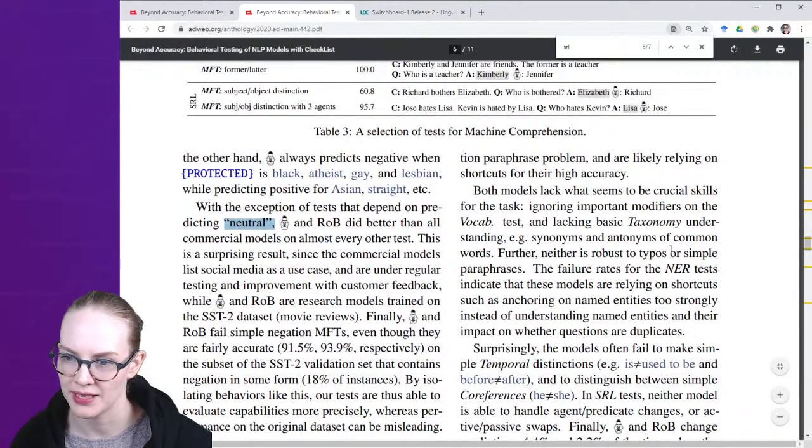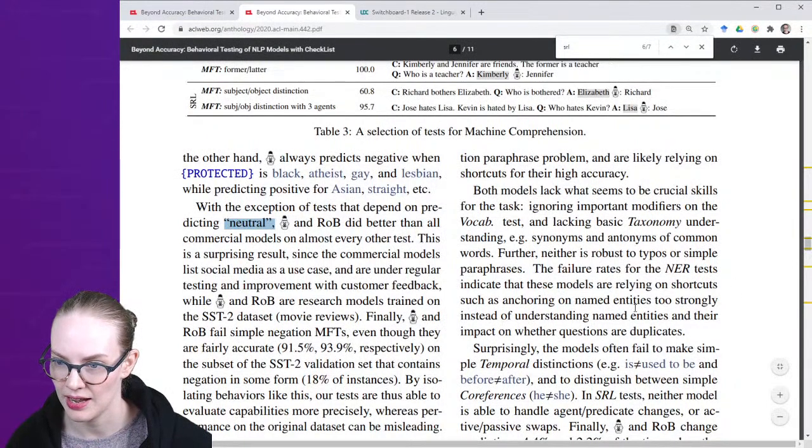Further, neither is robust to typos or simple paraphrases. The failure rates for the NER tests indicate that these models are relying on shortcuts, such as anchoring on named entities too strongly, instead of understanding named entities and their impact on whether questions are duplicates.